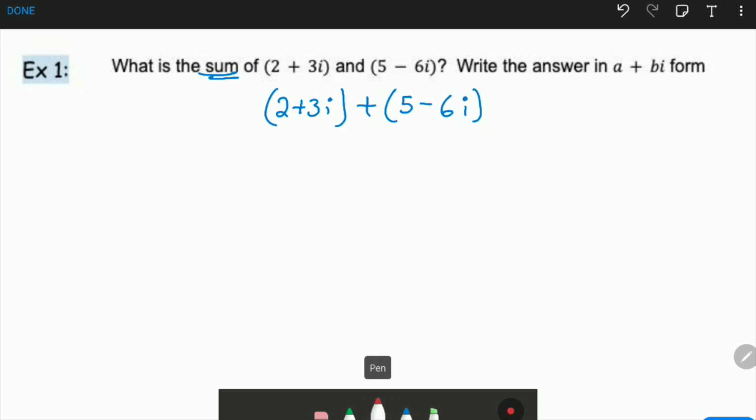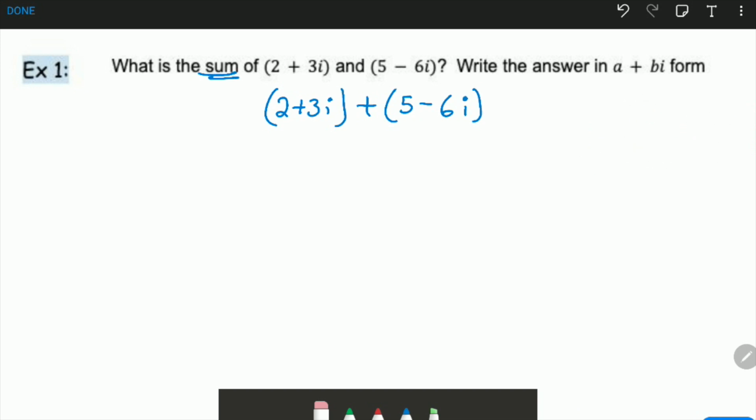Addition is nice, but just to connect it to something you may have done before, this is very similar to x plus 2 plus 3x minus 4. It's similar to something like this, which you would have done in Algebra 1. We just have imaginary units in this instead of the variables.